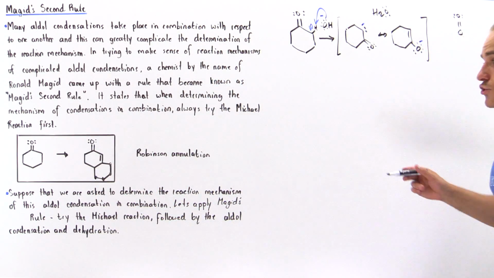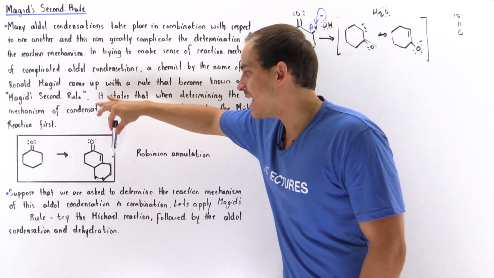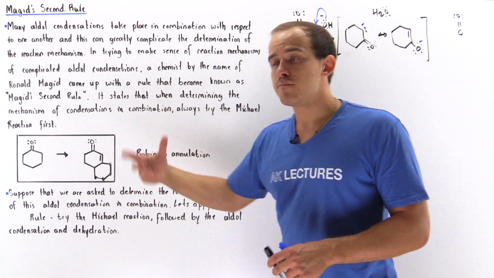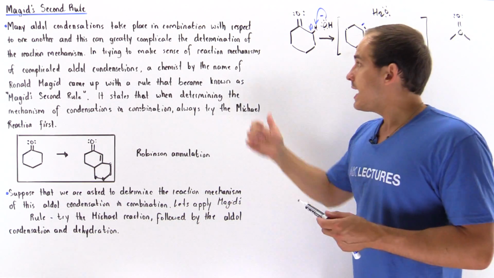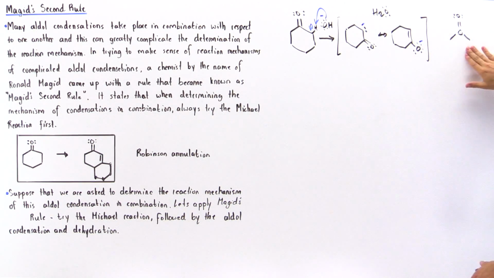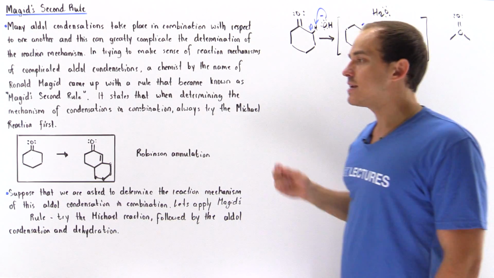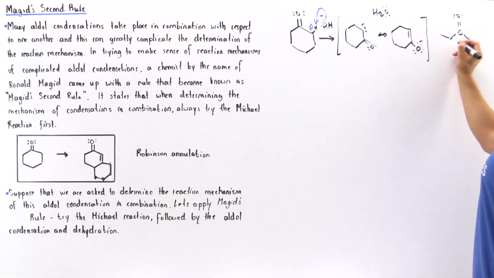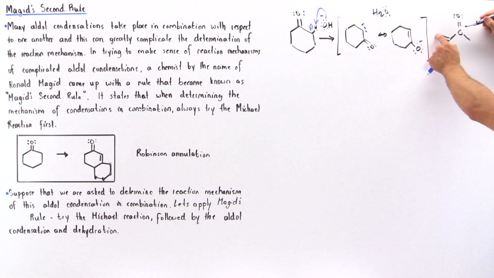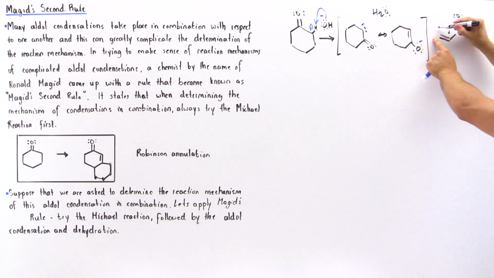So that means to go from 6 to 10, we need 4 more carbon atoms, and so this carbonyl better have 4 carbon atoms. Now, this isn't a simple carbonyl. In the Michael reaction, this has to be the alpha beta unsaturated carbonyl. And that basically means we have to have a pi bond between the alpha and the beta carbon.